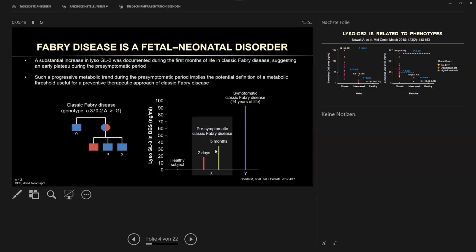And it continues increasing at 5 months, and finally it has its highest numbers of around 100 nanograms per milliliter at the adolescent age, or better to say this child is already 14 years of age, and then the Lyso-GB3 plateaus over the lifetime.